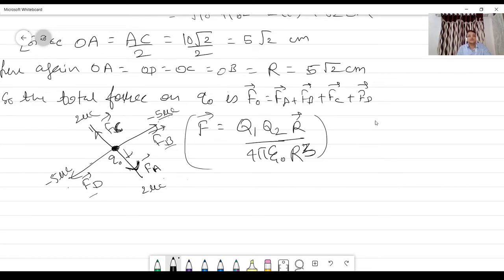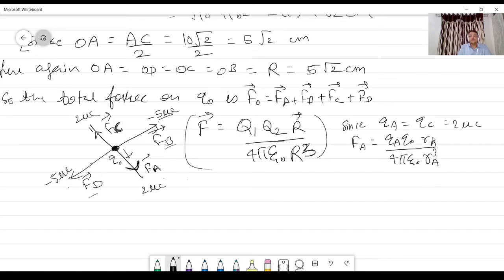So I can say that qa equal to qc equal to 2 microcoulomb. What is the formula of Fa? Fa is equal to qa, as per Coulomb's law, into q naught upon 4 pi epsilon naught, and the direction will be ra vector upon ra cube.